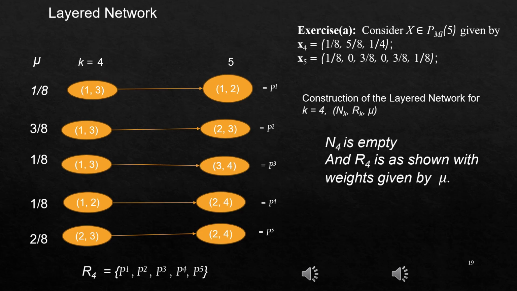Thus, we have found the rigid pedigrees in this example. So we have pedigrees P1, P2, P3, P4, and P5 as shown in this slide. Each of them is a pedigree in P5, that is the set of pedigrees for n equal to 5.